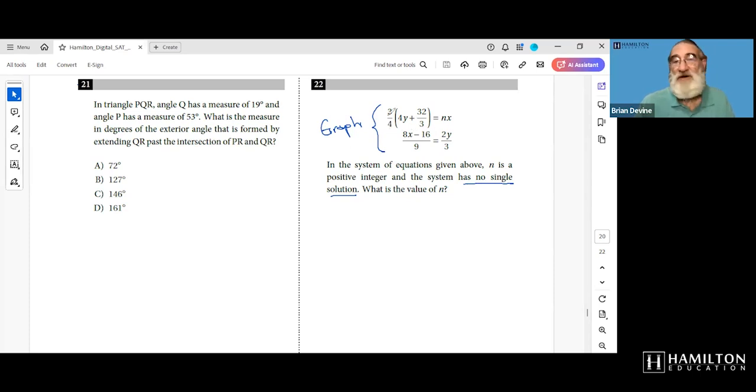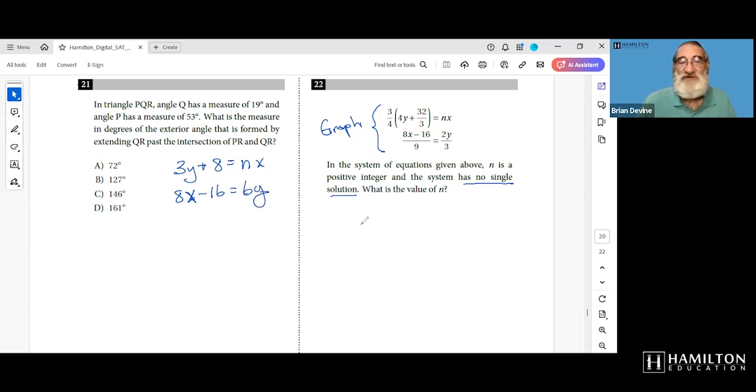Well, let's talk about it. I could do this algebraically. I could multiply out the top, and I'm going to get something like 3y plus 8 equals x, when I apply the 3/4 to each of the terms on the left side of the first equation. And I can multiply the whole second equation by 9, and I'm going to get 8x minus 16 will be 6y.